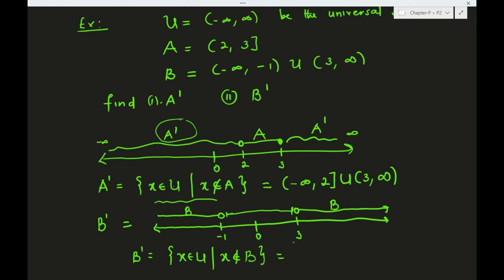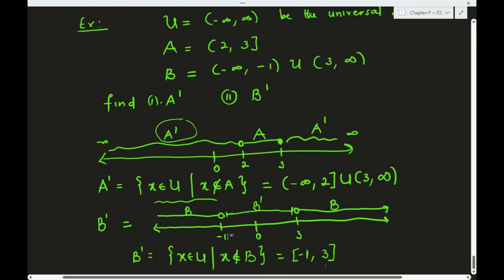So this is just going to be from minus 1, but now minus 1 is going to be closed, because minus 1 is open in B. So minus 1 is not in B, but minus 1 is going to be in B prime. And also here, 3 is not in B, so we're going to stop at 3.